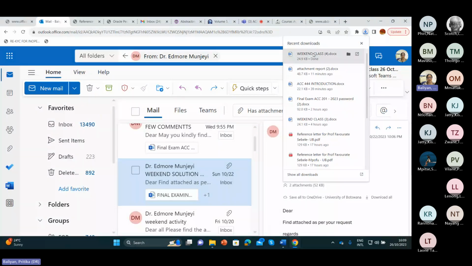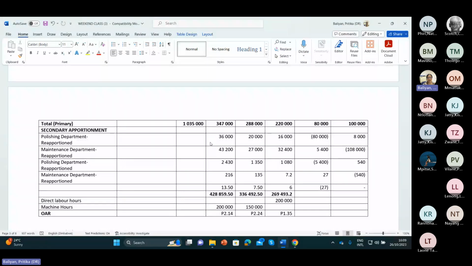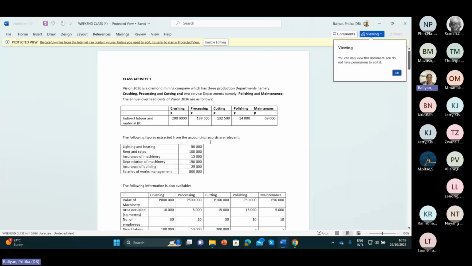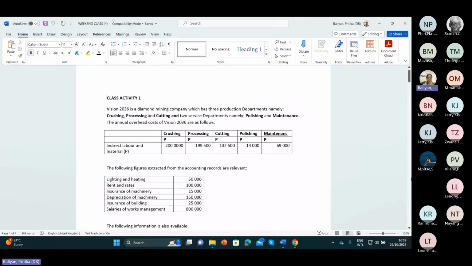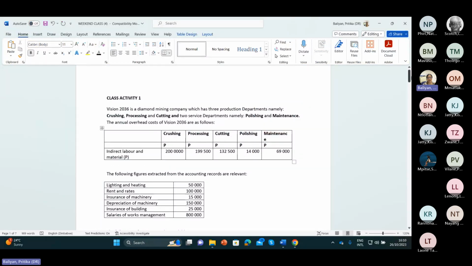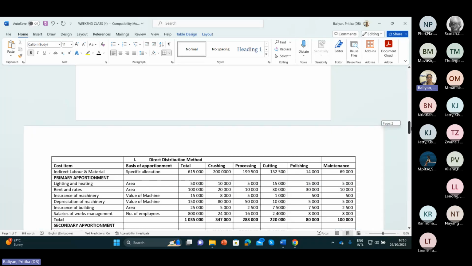the simultaneous equation method. The simultaneous equation method says that you have to first calculate the actual total overhead cost of service department 1 and service department 2. And after having the total, we have to apportion the cost among the departments.